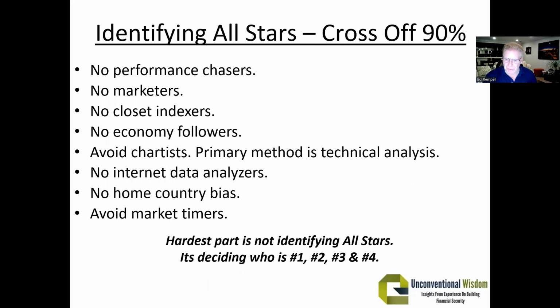If you want to make a list of 40, 50, 60, you can get down to that list pretty quickly. There are hundreds and hundreds of hockey players in the NHL, but you can get down to a fairly short list quite quickly. Now, the way we do it with all-star fund managers is there are a few things that are just obvious signs, and you just cross them off.